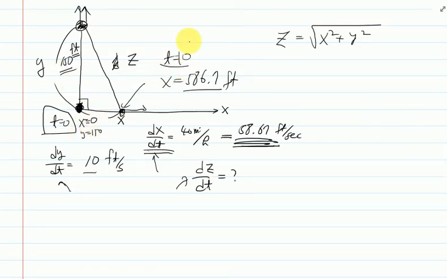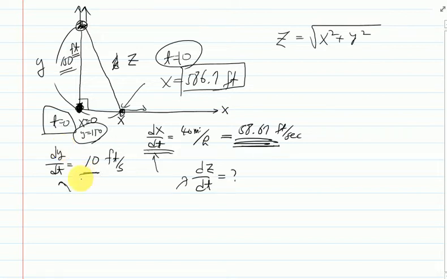Ten seconds later, x has changed that much and y has also changed, because the rate of change of y, the balloon, is 10 feet per second. So after 10 seconds, it must be 100 feet above the original position. So 150 plus 100, that's 250 feet. That's the position of y at that time.